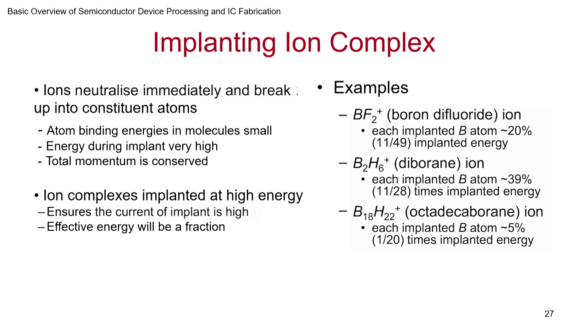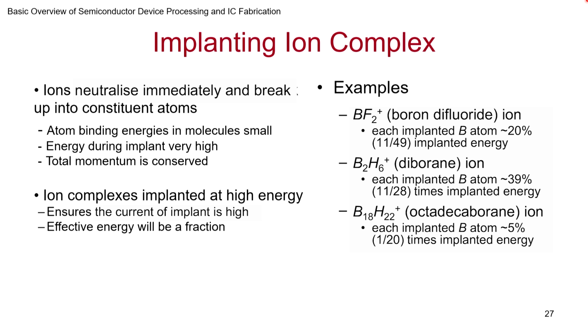The change will be very small in the kinetic energy because, as I said, the bond strengths are very low compared to the kinetic energy that it possesses overall. So only about 20% of it will be equivalent to implanting boron with 20% of the energy. So you are able to actually implant at a much higher energy.